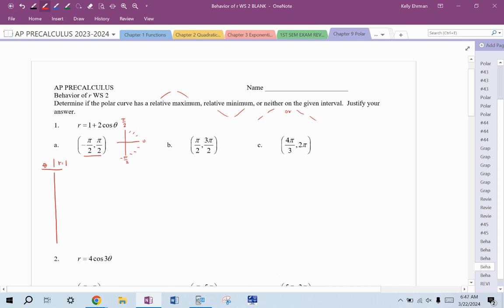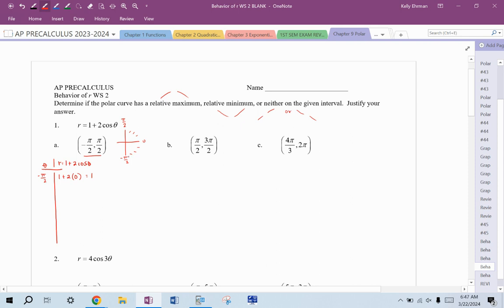So we're going into r equals 1 plus 2 cosine theta. What we're looking for, once we get the values of r, is whether r is increasing or decreasing for all of these angles. So start with negative pi over 2. 1 plus 2 times the cosine of negative pi over 2, which is 0, so that's 1.